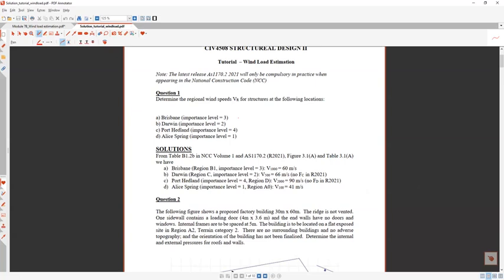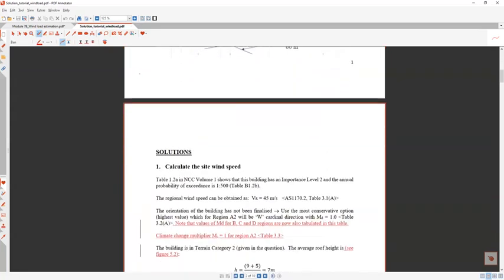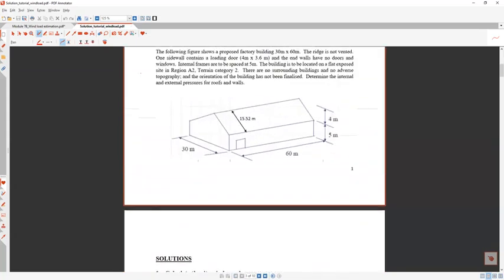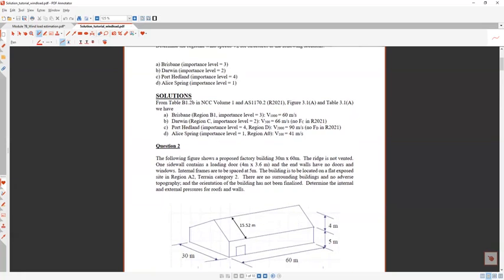Depending on the importance level we have been given, because the importance level will tell you what regional wind speed you will be considering. You can see there Brisbane region B1, importance level 3, V1000 is 60 meter per second, for example.